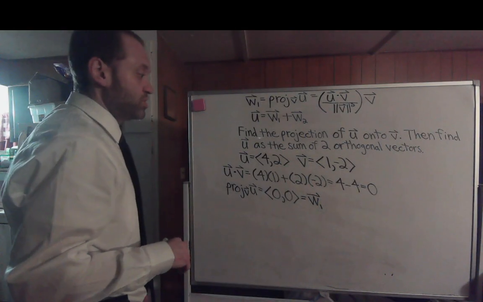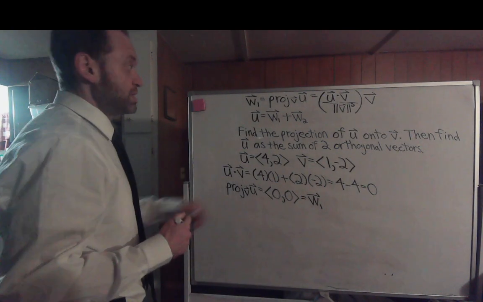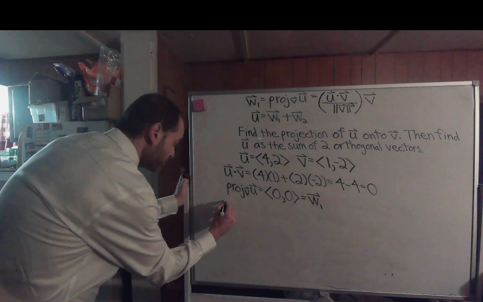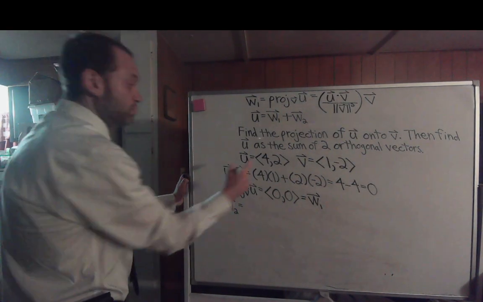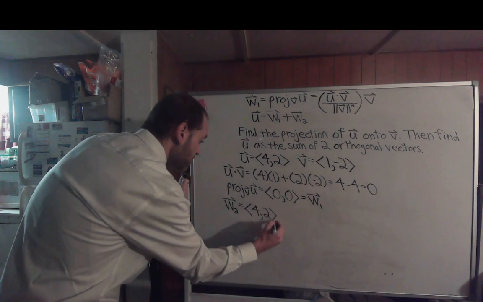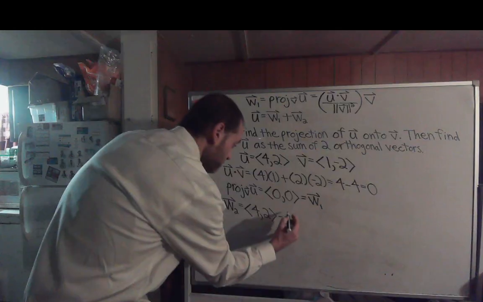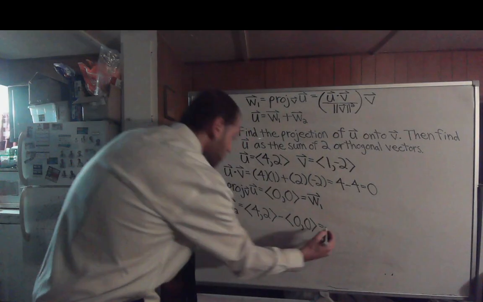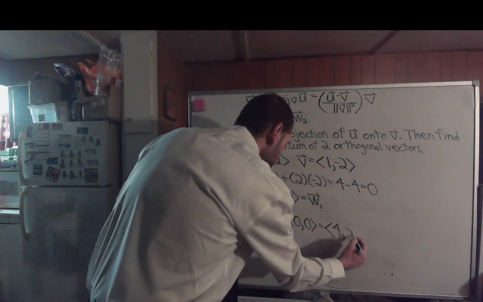It's definitely going to be perpendicular to vector w sub 2, because w sub 2 is going to equal that vector u, which was 4, 2, minus w sub 1, which is going to be 0, 0. Well, 4, 2 minus 0, 0 just gives you 4, 2.